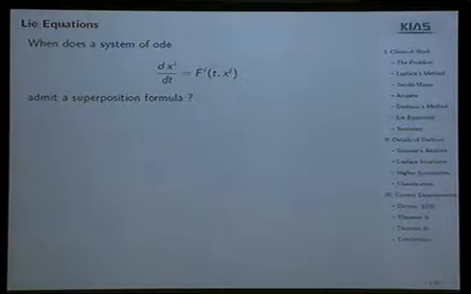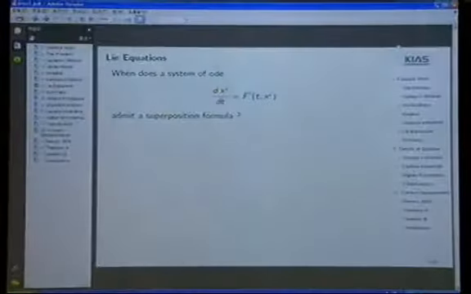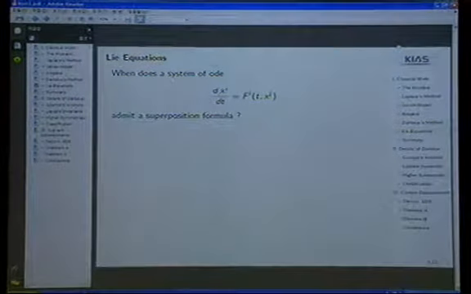And now for some reason I'm going to change and start talking about Lie equations, which is the integration of ODEs. And Lie asked the following question: when does a system of first-order ODE admit a superposition formula?